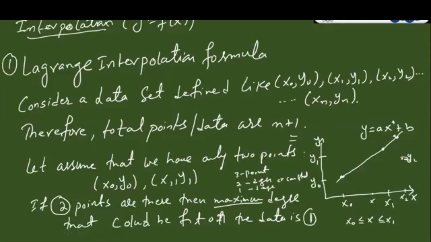Okay, so let me write down this point for you in a general sense. It is a direct point. We are not going to prove it, but Lagrange is based on this strategy. So if there are n plus 1 points, one thing to keep in mind is that it is not necessary they are equidistant.